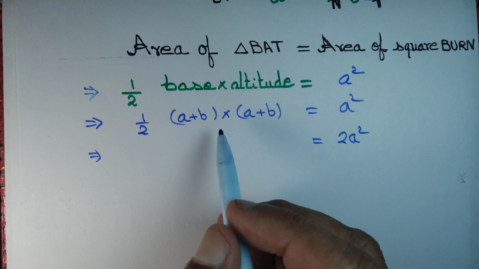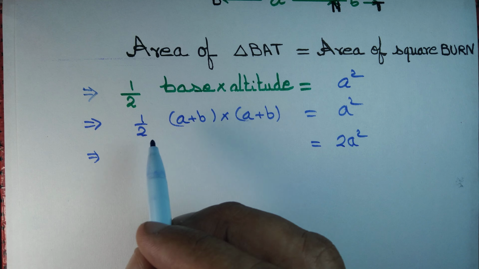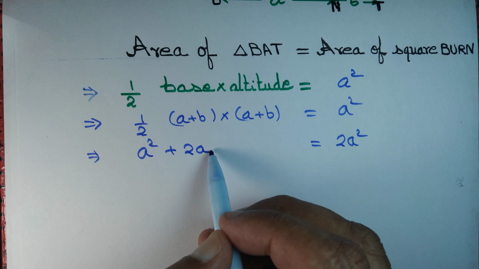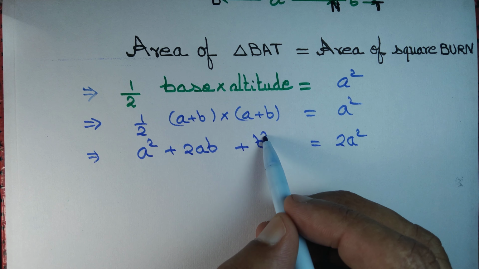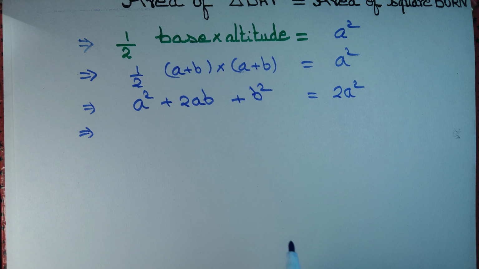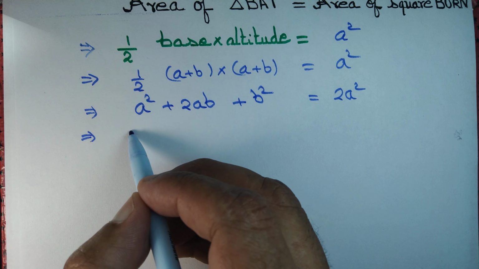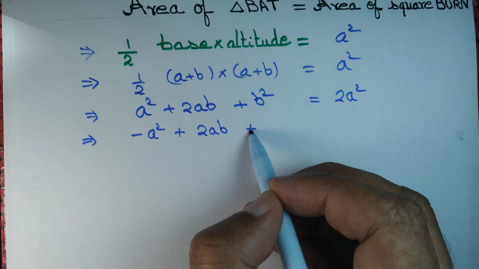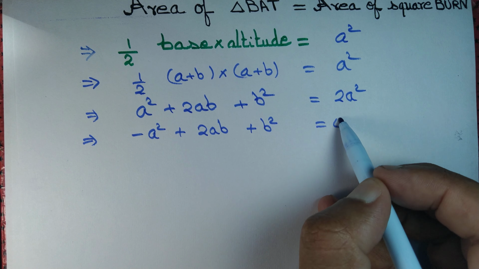We know the formula for a plus b whole thing square. That's equal to a square plus 2ab plus b square. Further we can take 2a square to the left hand side, and a square minus 2a square is minus a square plus 2ab plus b square equal to 0.